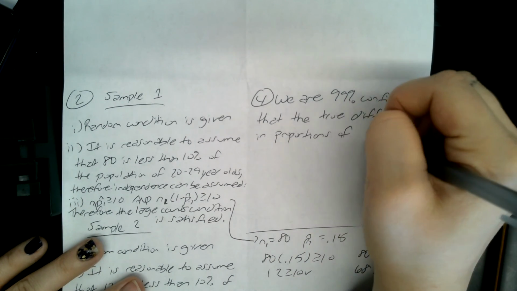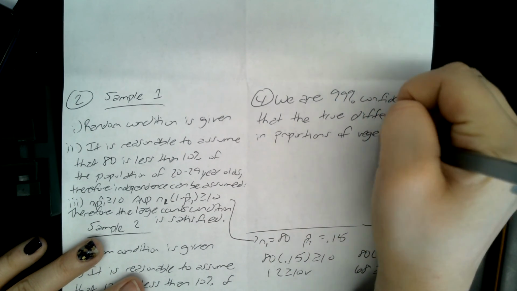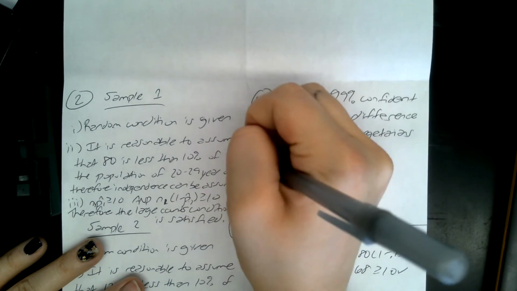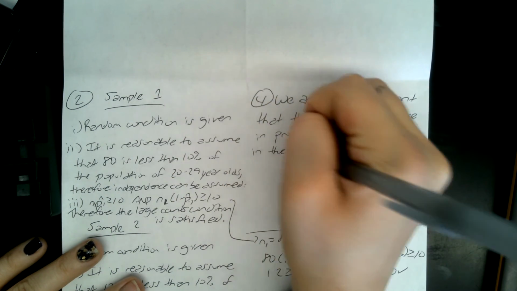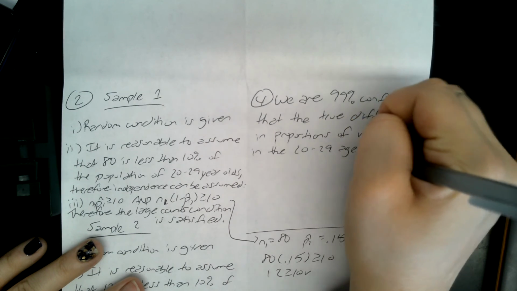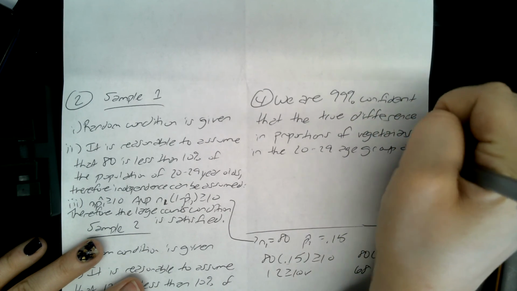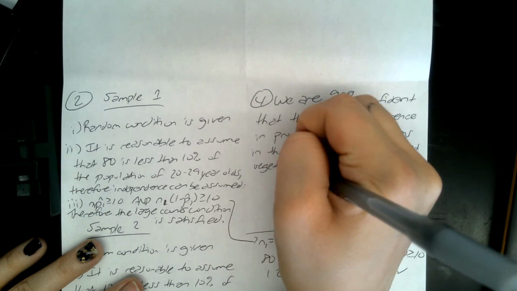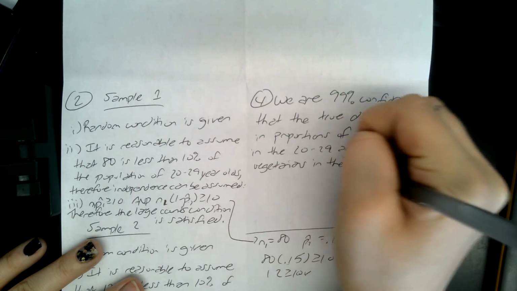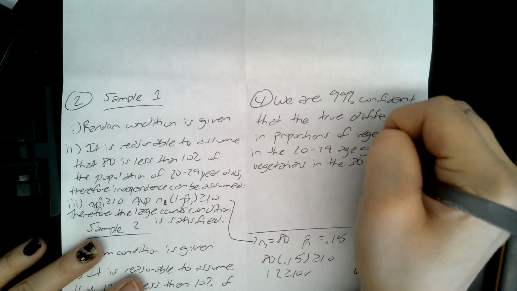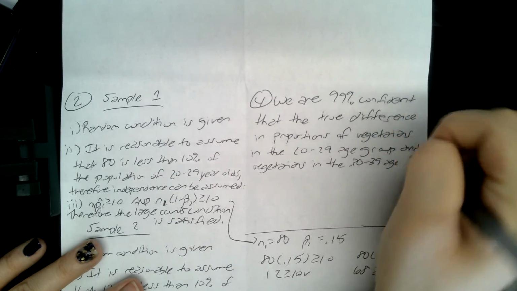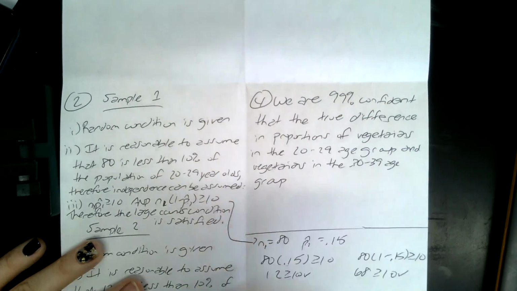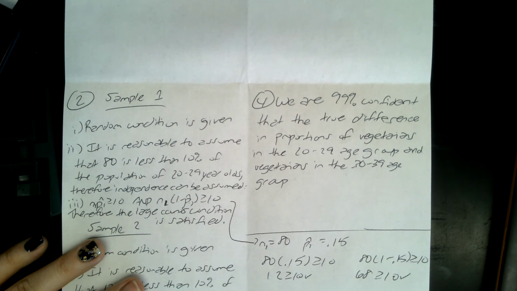So we were looking at vegetarians in the 20 to 29 age group and vegetarians in the 30 to 39 age group. Those were the 2 populations that we were comparing.